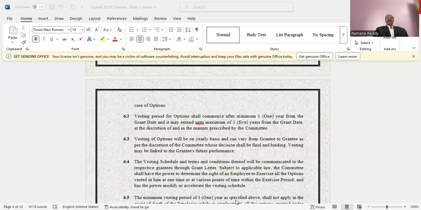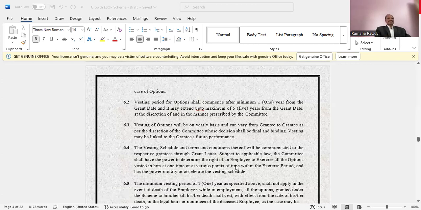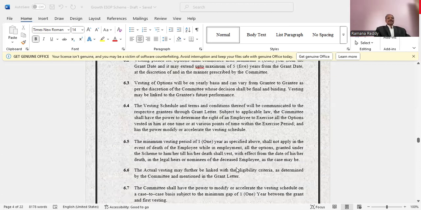So he may be given either 2 months or 1 year or a maximum of 2 years. It depends on the company. NRC will give the time. NRC will take a decision. During that time, the employee has to exercise, otherwise it will lapse. So you are clear that the minimum vesting period is 1 year as specified by law.